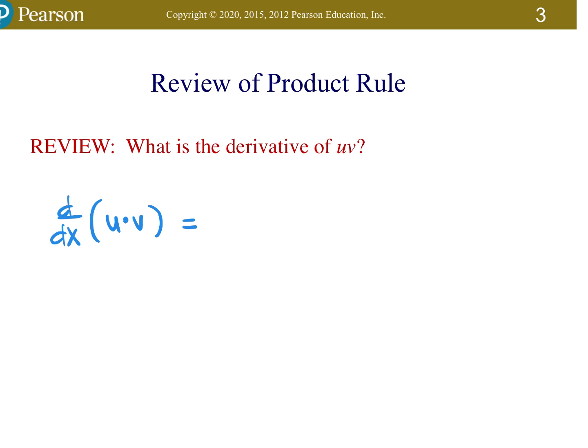Okay, can we use Leibniz instead of prime? So it starts with V and then times du dx, and plus U and dv dx. Okay, that's how we did derivatives.